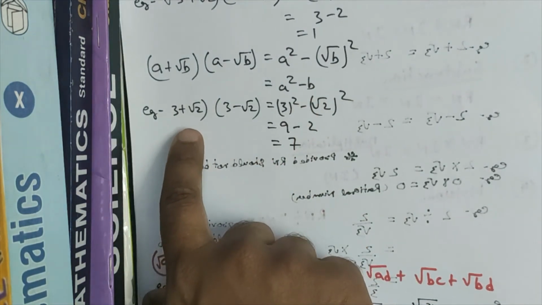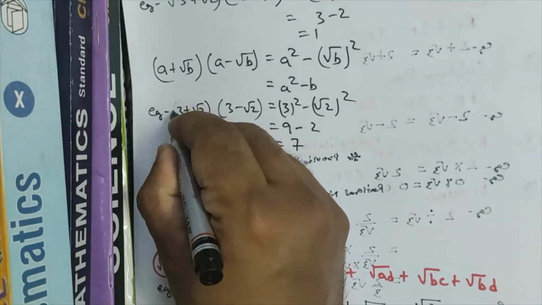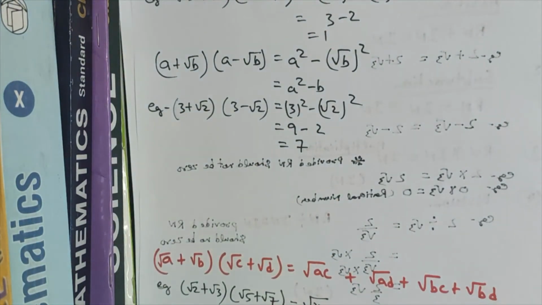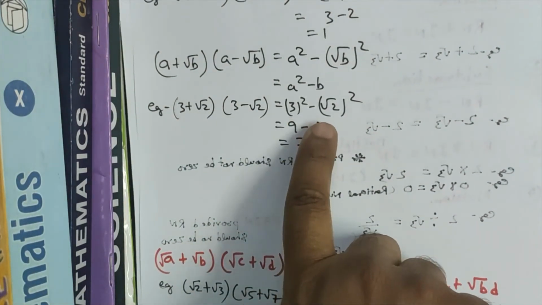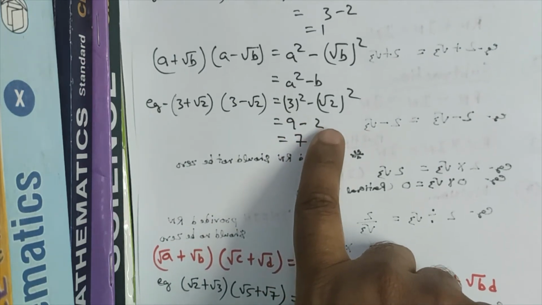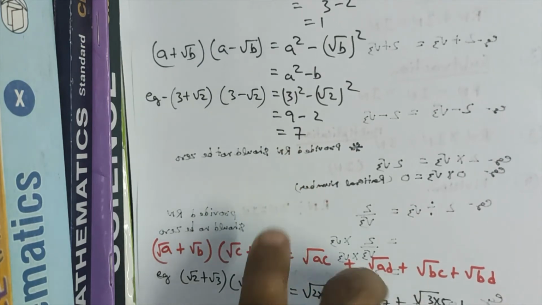Example, 3 plus root 2 into 3 minus root 2 will be equal to square of 3 minus square of root 2. Square of 3 will be 9, minus square of root 2 which is 2. 9 minus 2 is 7. Answer.